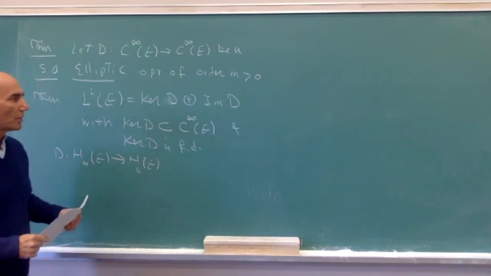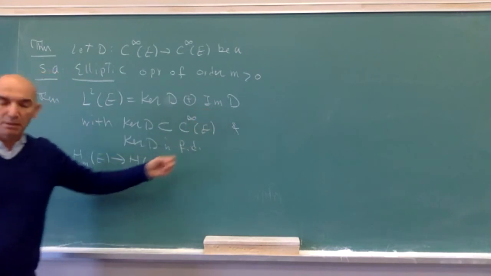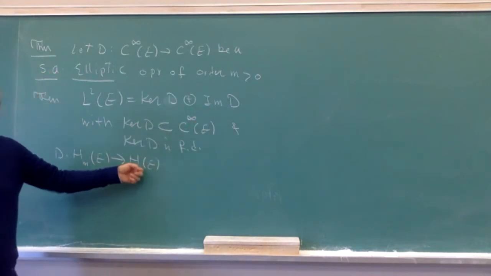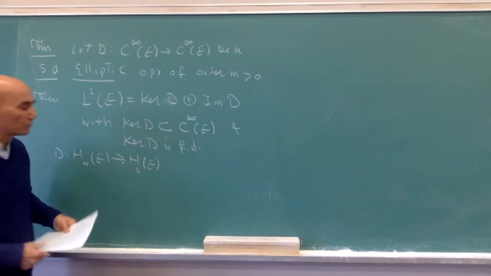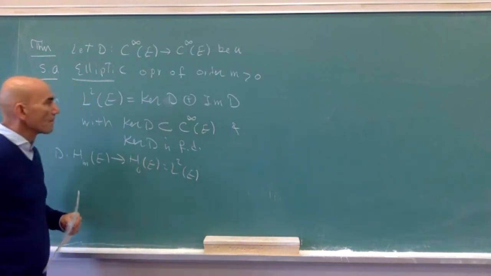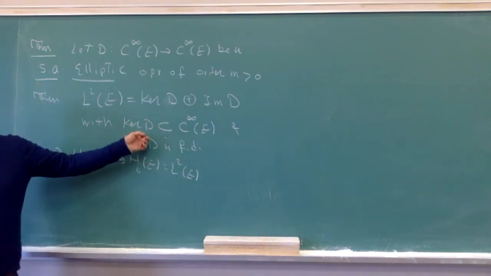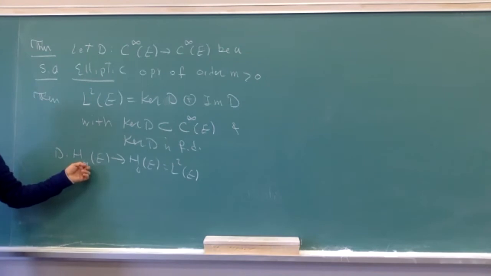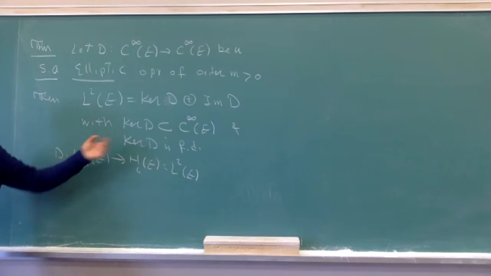Then when you talk about image of D, we mean really image of this map. But this is really L2 now, right? This is L2 of E. But for kernel, it doesn't matter. The kernel, when you consider it among these Sobolev sections, so you allow Sobolev sections to be in the kernel as well, but still they are smooth.